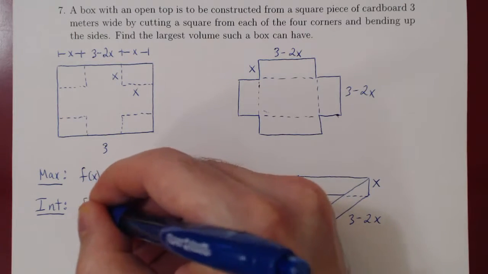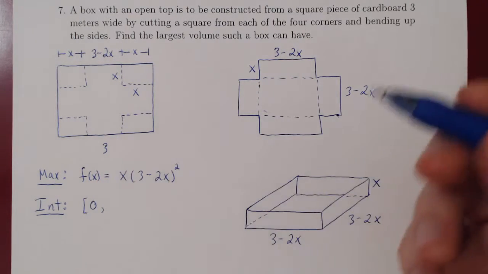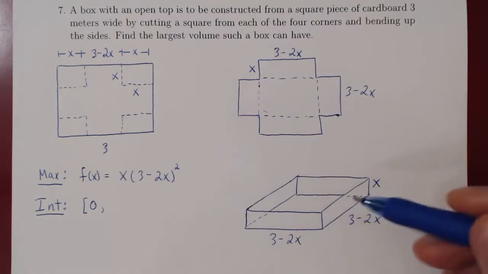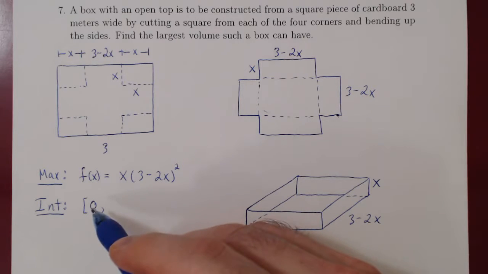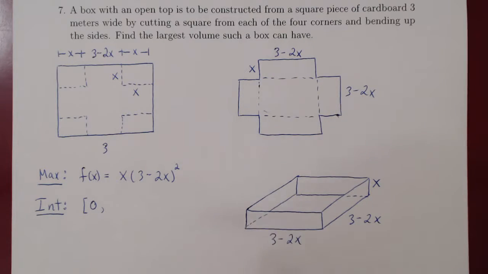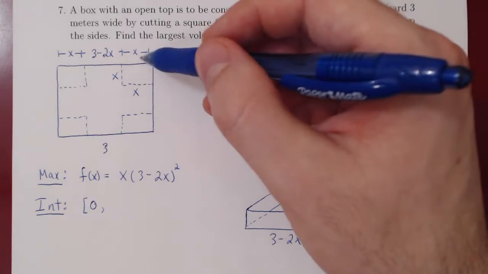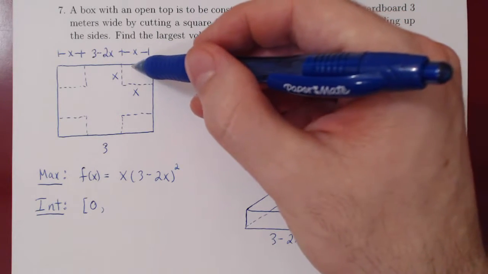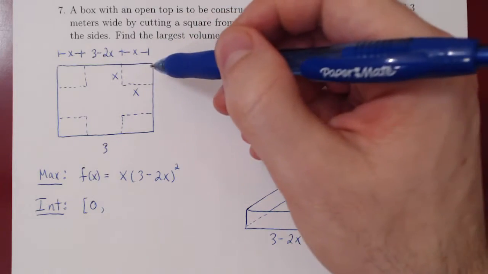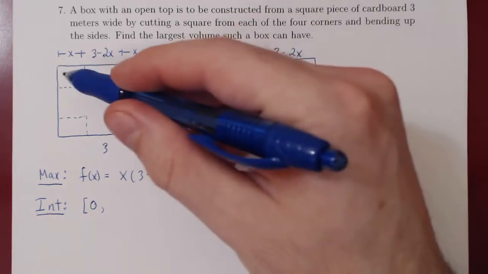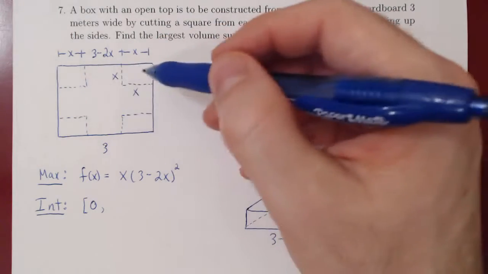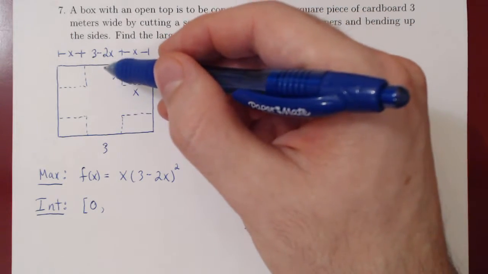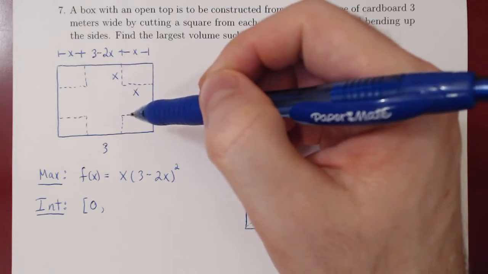So we can include 0 in our interval, even though if x is 0, we have no box and the volume is 0, but that's why we can include 0, because clearly this will not give us a maximum value. When x is 0, the volume is 0. And I imagine, what's the largest possible value of x? Well, because you're cutting at both ends of a side an amount of x, the largest amount you can cut is when you meet the side midway.